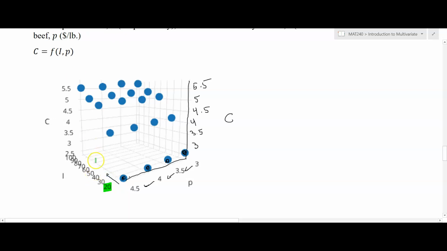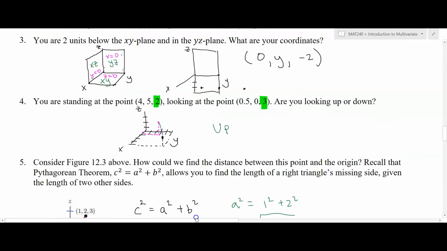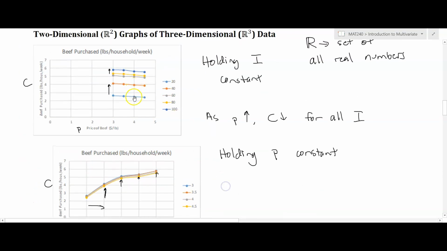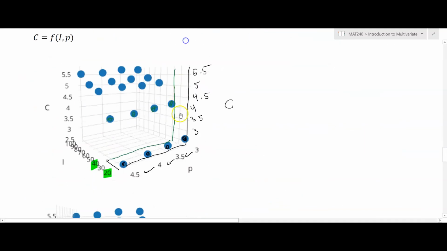Let me draw this in a different color. There's the 40,000 point, and now we're looking at that two-dimensional graph. These are the points that, again, as price goes from 3 to 4.50, the consumption is going down. So these two sets of ordered pairs are really just these two lines that we're seeing, decreasing, decreasing. That represents these 4 points and these 4 points.